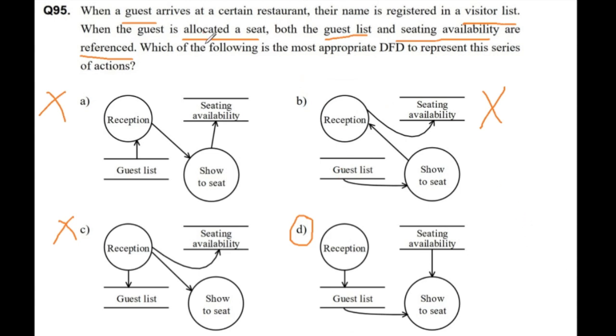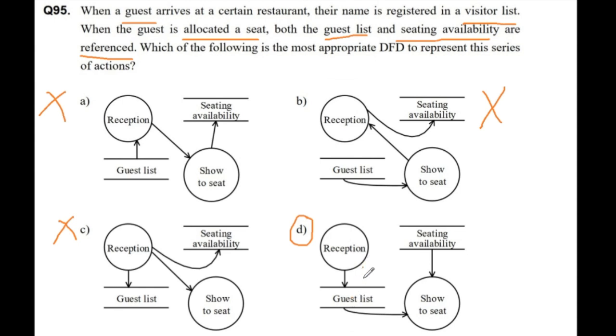So we got the guest coming in at the reception, and then when a guest arrives at a certain restaurant, their name is registered in a visitors list. There's no visitors list here, but there's a guest list.